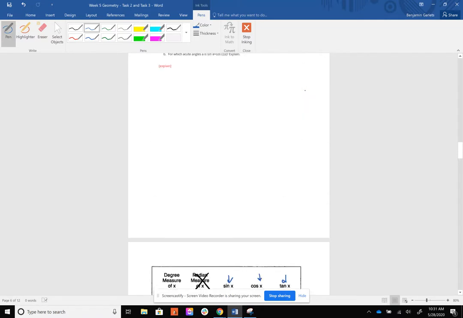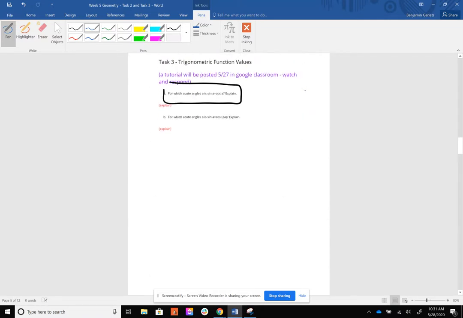So for part A, we want to know where the sine of A is equal to the cosine of A for an acute angle. Remember that an acute angle is anything between 0 degrees and 90 degrees.